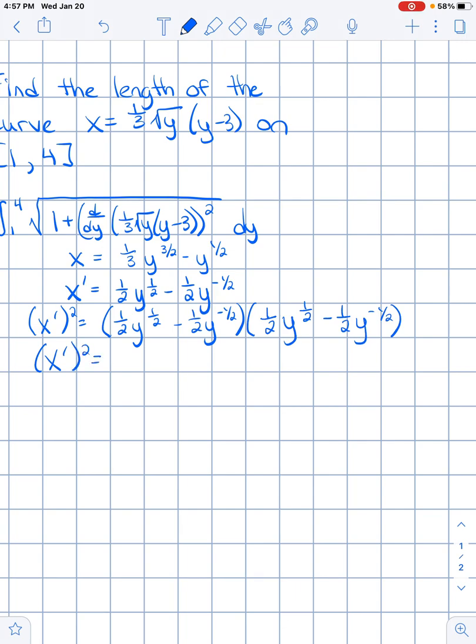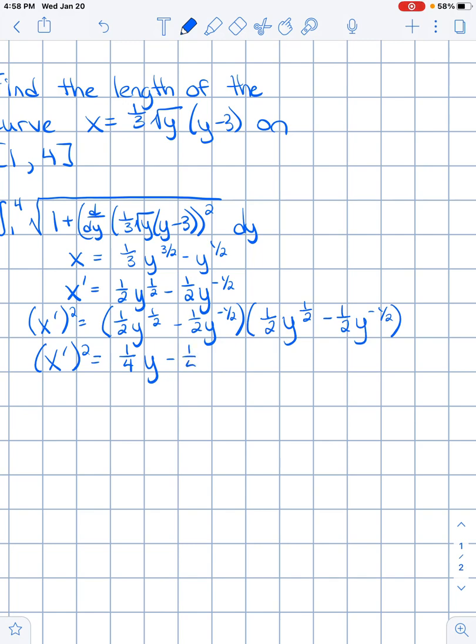So let's do some algebra. 1/2 y to the half times 1/2 y to the half. 1/2 times 1/2 is 1/4. But then when I multiply y to the 1/2 times y to the 1/2, I add the exponents. So that just gives me just plain old y. Now if I multiply the outer 1/2 y to the 1/2 minus 1/2 y to the negative 1/2, that's a mouthful.